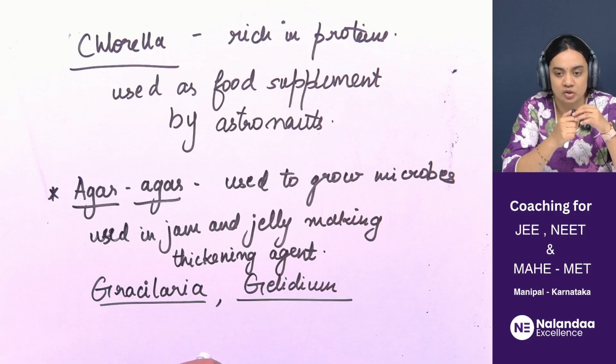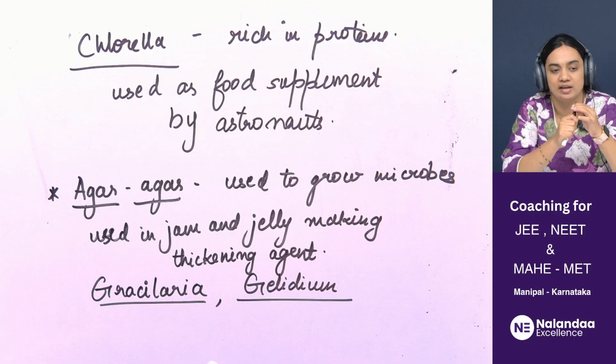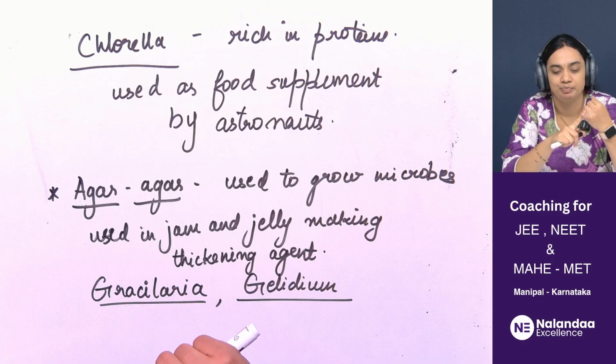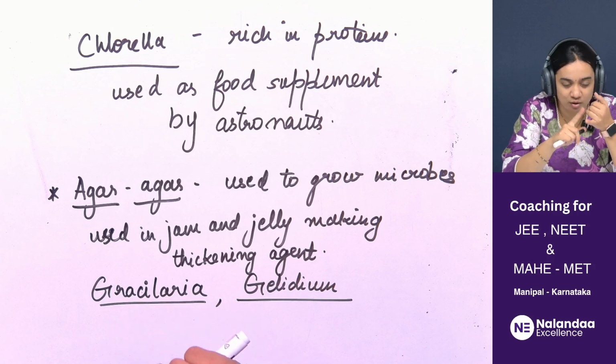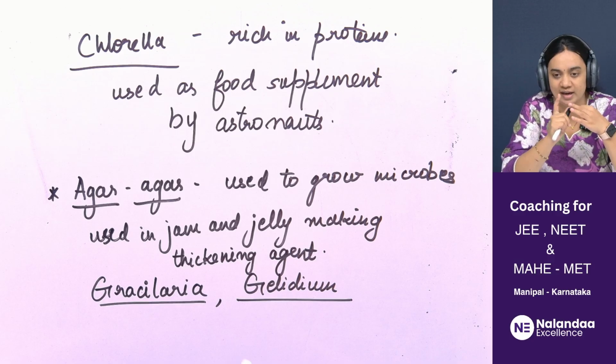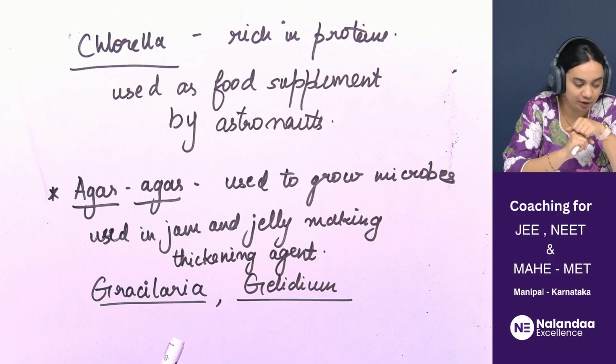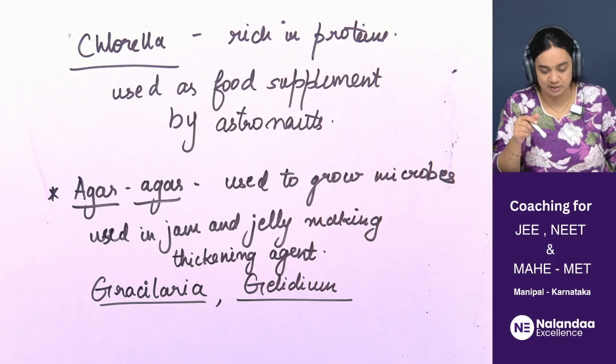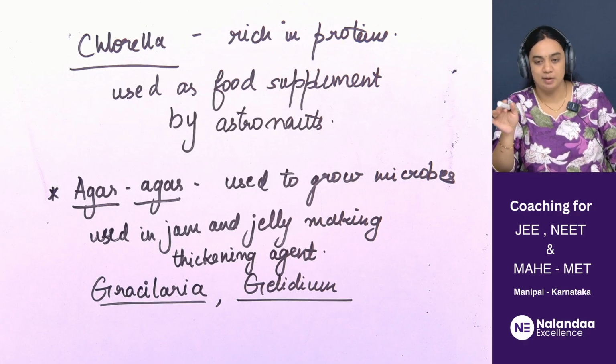Is this clear? So this is about economic importance of algae. We talked first about the ecological importance, how it will perform photosynthesis, increase dissolved oxygen level and fix carbon dioxide, right? That is one. Then it is the primary producer. Then we talked about edible species of algae, laminaria, sargassum and porphyra.